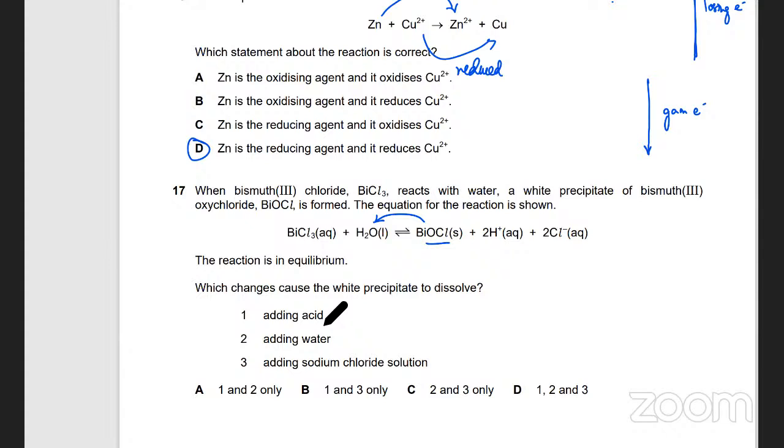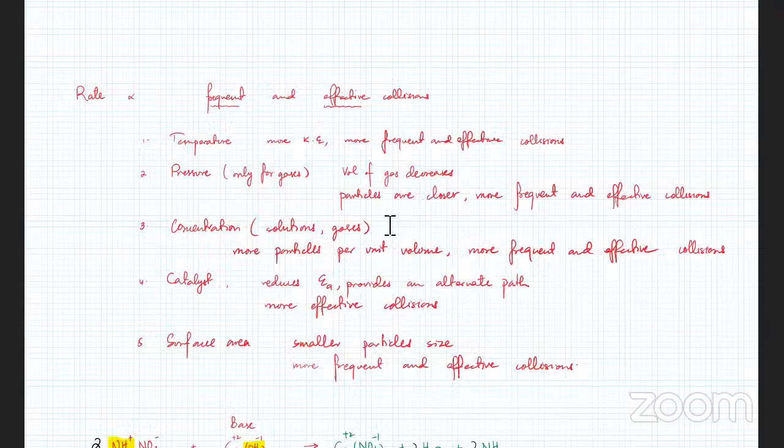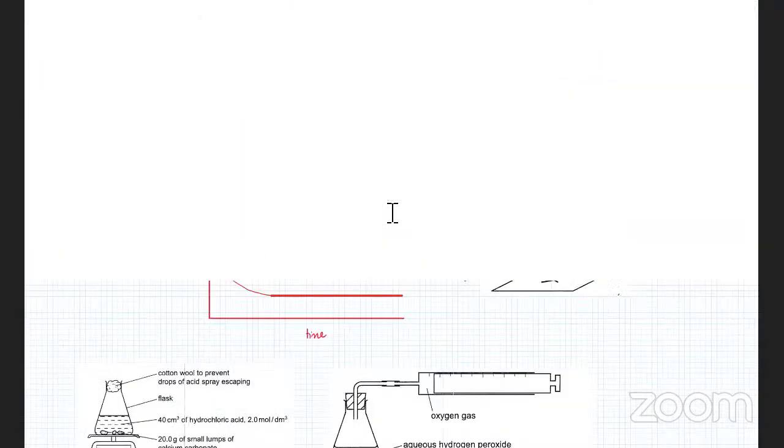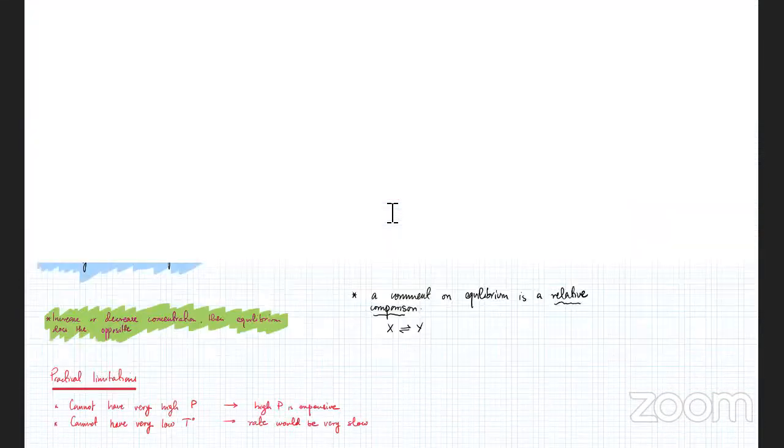अब बताओ एसिड डालोगे तो इक्विलिब्रियम किधर शिफ्ट होगा? Where's the acid in this? There's HCl, right, on the right side. So what does the equilibrium do? What are the rules for equilibrium? ठीक है, equilibrium के वो 2-3 rules थे. What were they? उसको रिवाइज कर लेते हैं.